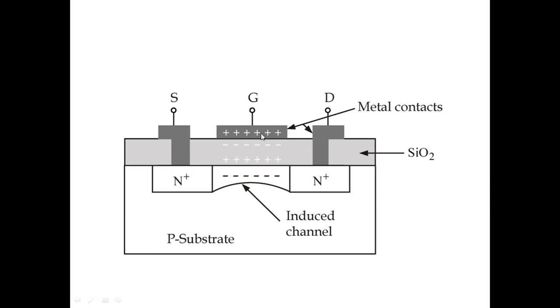If we apply a negative voltage, no channel exists. That's why it never operates in depletion mode. That means no negative voltage is applied between the gate and the source. Only positive voltage has to be applied between gate and source.